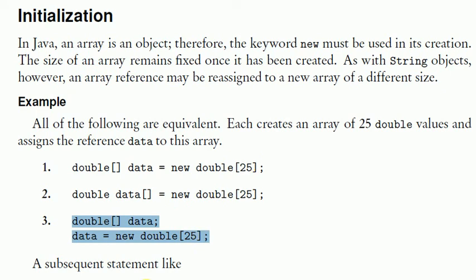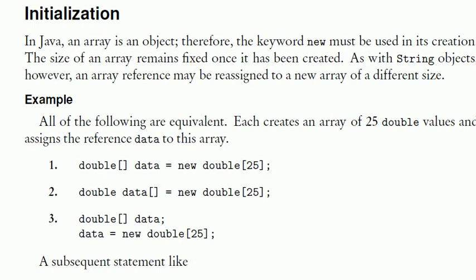So let's do it in Java by using Replit. Before moving to Replit, you have to remember one thing. When we create an array like this, it will simply create a list of 25 double values, but those memory spaces will have all zeros, like 0.0 for double, and if your array is an integer, then every block will have a 0 value.